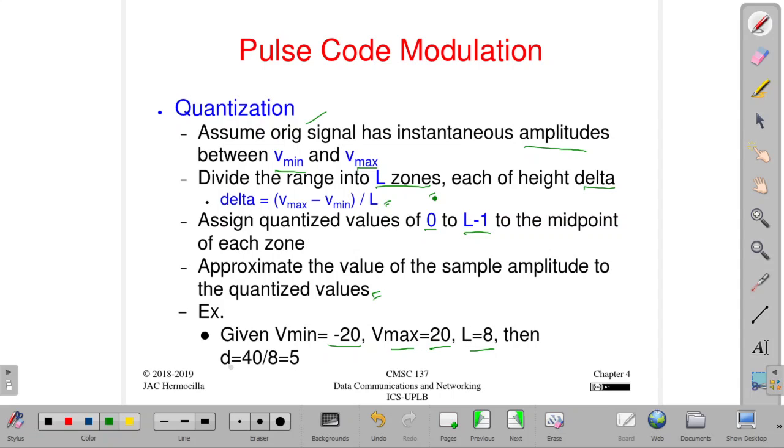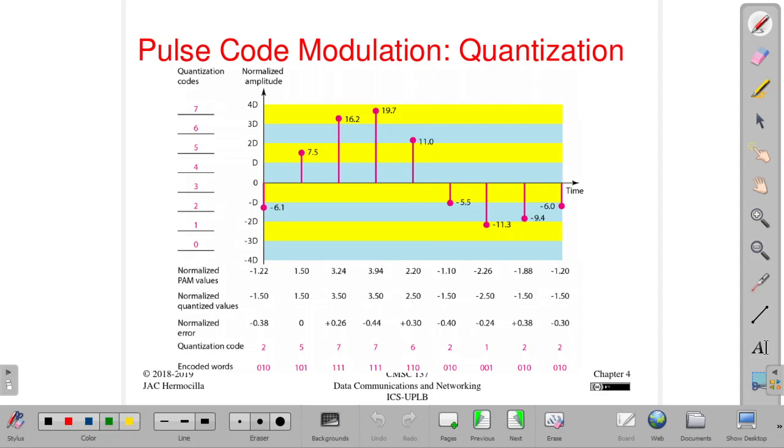Therefore, we can derive delta as 40 divided by 8, this is 20 minus -20, so that will be 40 divided by 8, so we'll have 5. So delta will be 5. So we're going to use that to divide the zones. And this is what we're going to get.